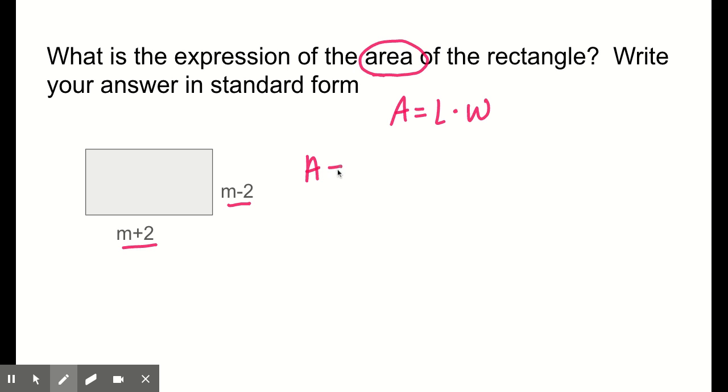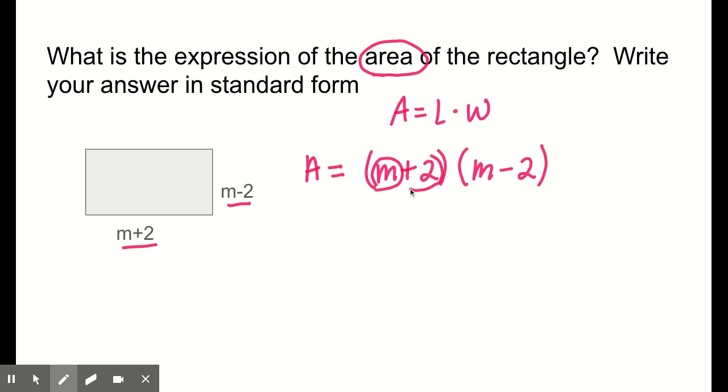So to find the area of the rectangle, we're going to multiply m plus 2 times m minus 2. Now this is one of our special patterns, so if you're familiar and comfortable with using the special pattern, then you can go about multiplying that way. Otherwise, we're going to double distribute.